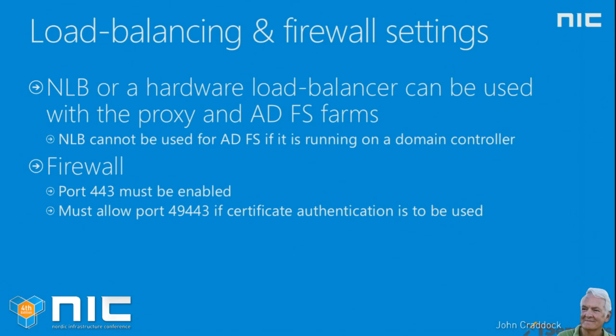And if you do, as I say, you can't use NLB. In terms of firewalls, you will need to enable SSL, and you will need to enable 49443 if you're using certificates, okay? And that's for certificate authentication. So if you decide you're going to authenticate from the client using certificate authentication, you will need to open that other port.